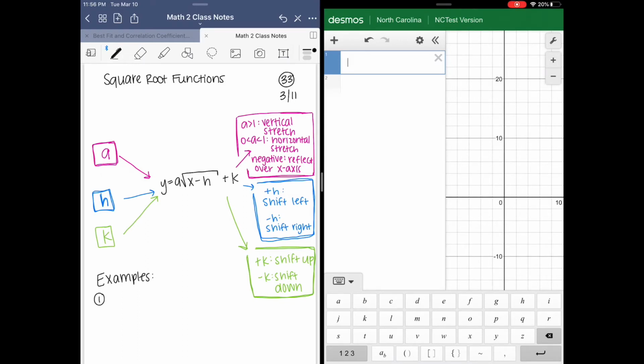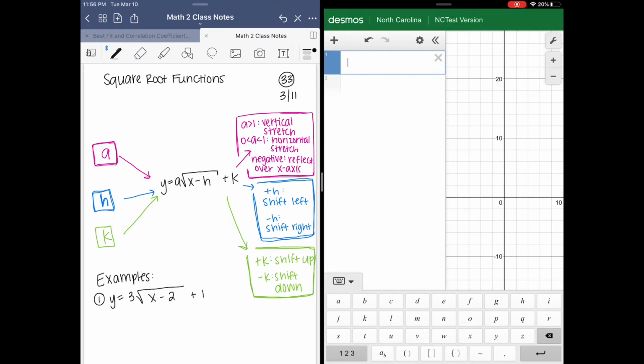So for example 1, I'm going to give you the equation y equals 3 times the square root of x minus 2 plus 1. And we're going to describe how this has changed from the parent function.